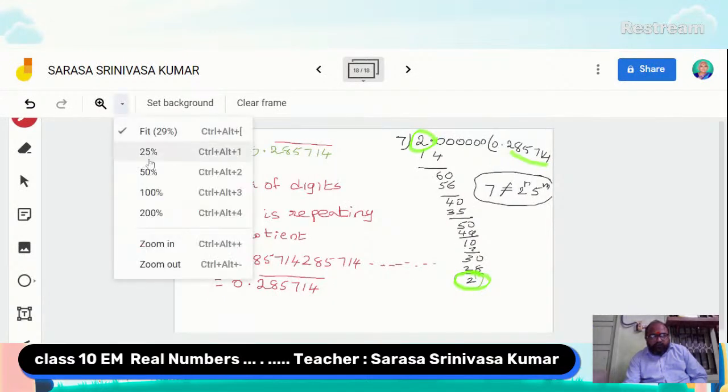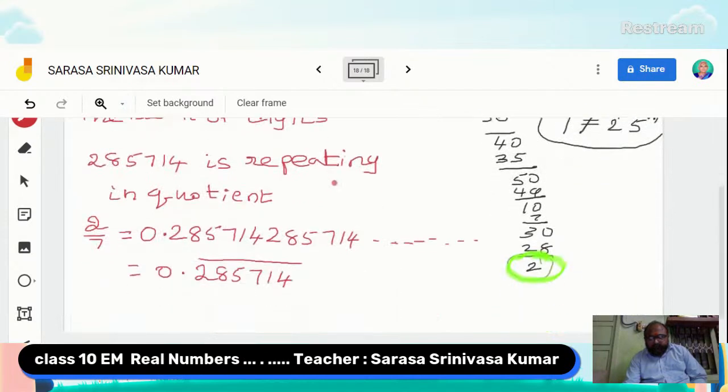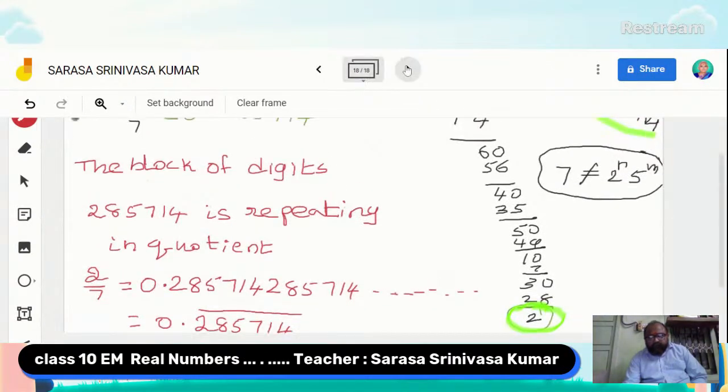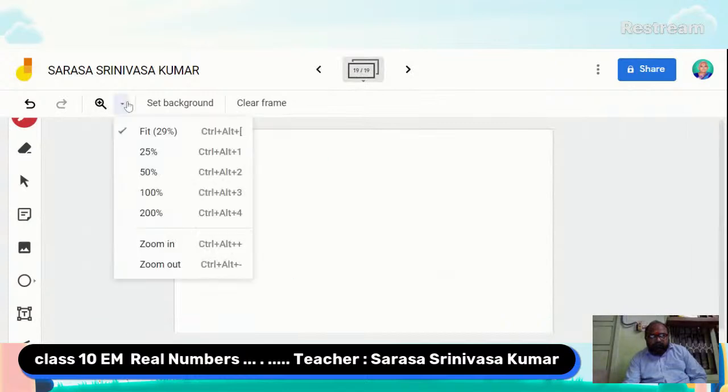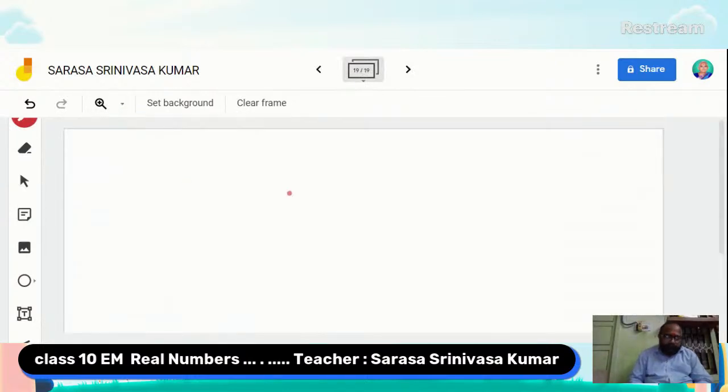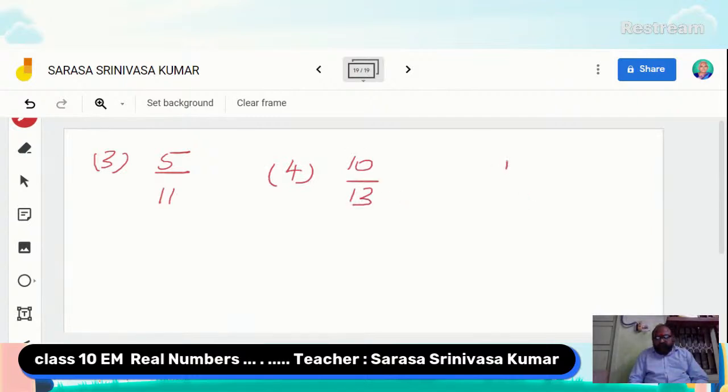Now, I would like to give you 2 problems as exercise and you try to solve those 2 problems. Third problem, 5 by 11. And fourth problem is 10 by 13. You remember 11 is not in the form of 2 power n 5 power m, and 13 is also not in the form of 2 power n 5 power m.